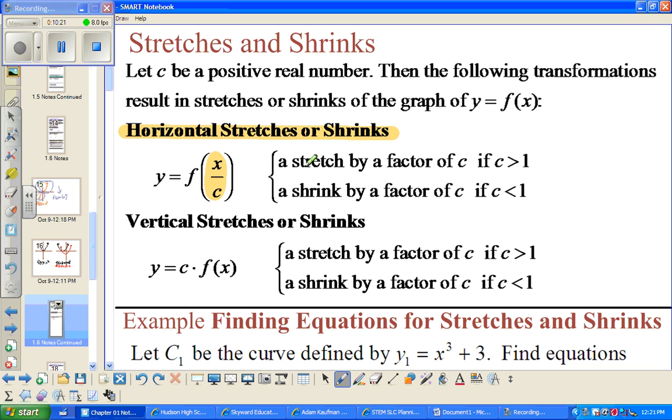The graph will stretch if that c value is greater than 1, and there will be a horizontal shrink if that c value is less than 1. Basically what that's saying is you'll have a horizontal shrink if the x is being multiplied by a number, and you'll have a horizontal stretch if the x is being divided by a number.